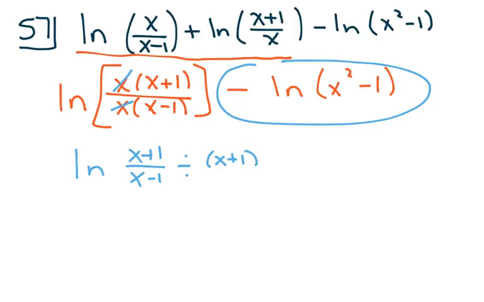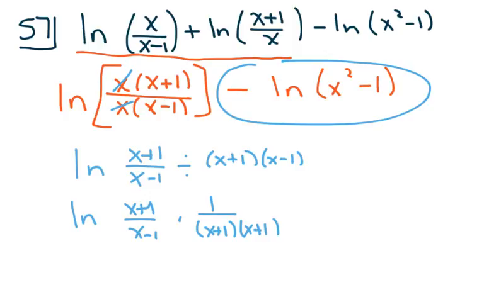X plus 1 times what? X minus 1. And when you're dividing, you're basically flipping this, so it's going to be x plus 1 over x minus 1 times 1 over x plus 1 times x minus 1.